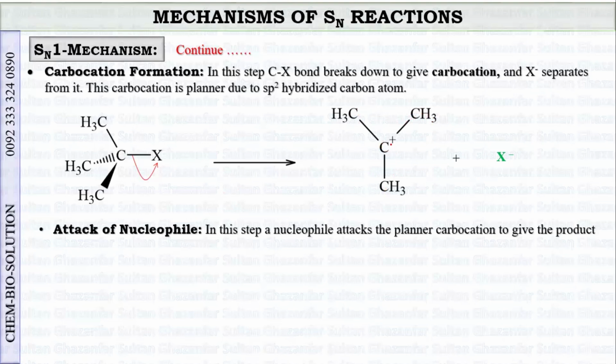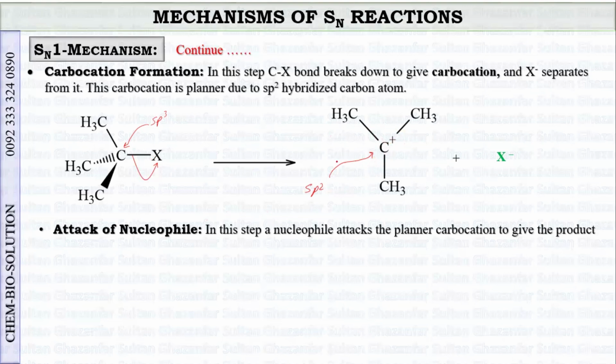Next is the attack of the nucleophile. Now, this is the carbocation, and this carbon is sp2 hybrid. Here it was sp3. So the hybridization changes, and if it is sp2 hybrid, then remember that it is a trigonal planar structure.